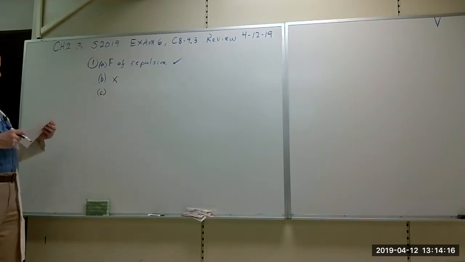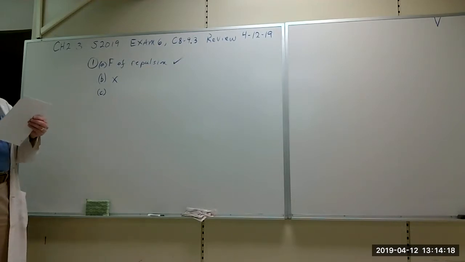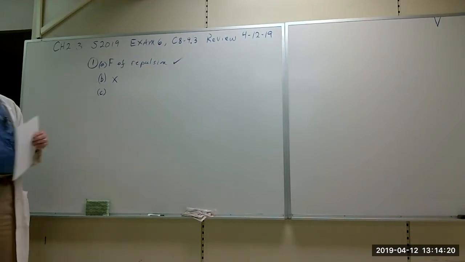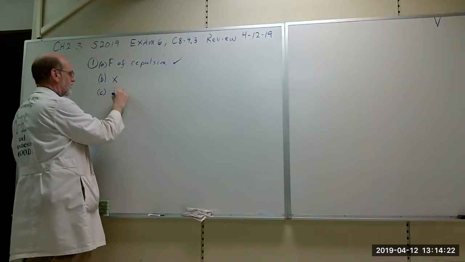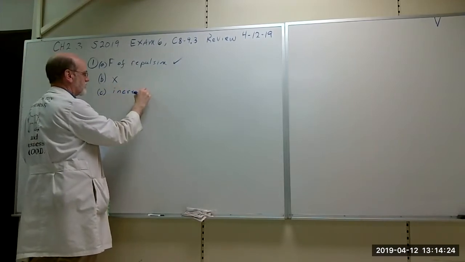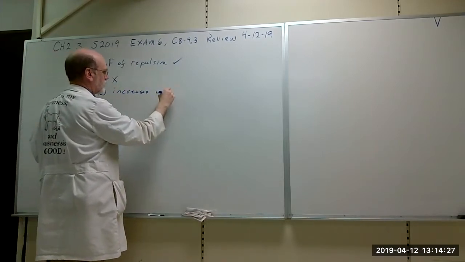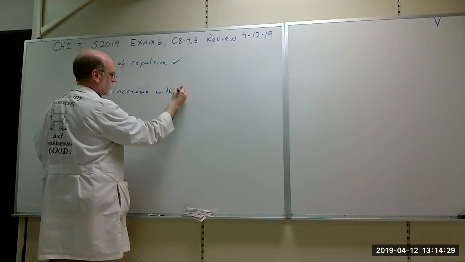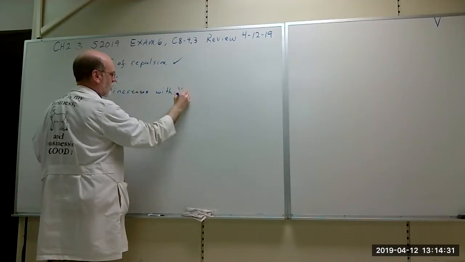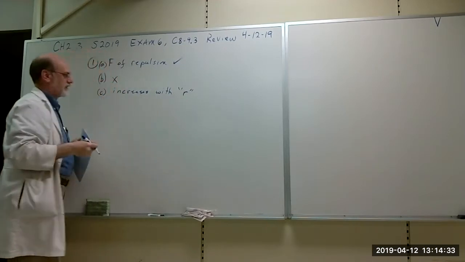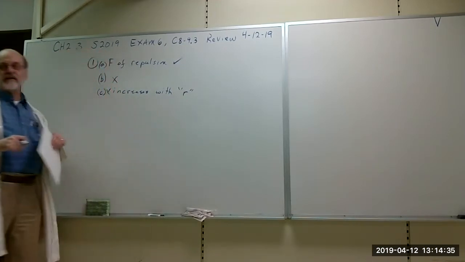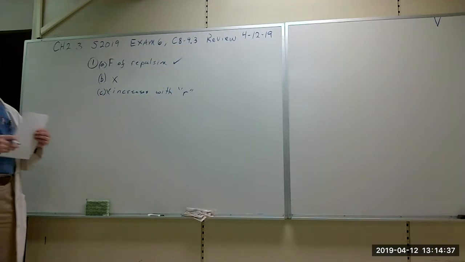C says increases as the bodies are moved further apart. Increases with, and I think that the variable is R for distance. That's false. It decreases with distance, the farther apart they get.